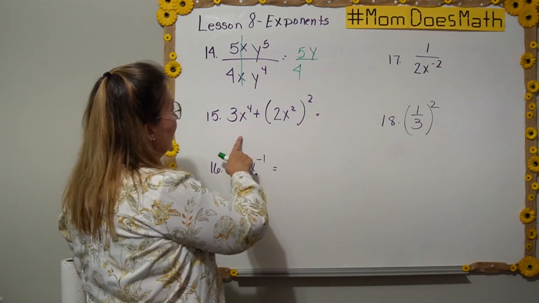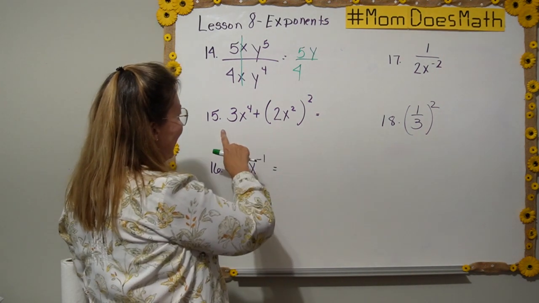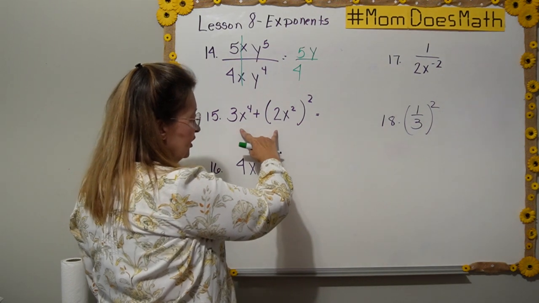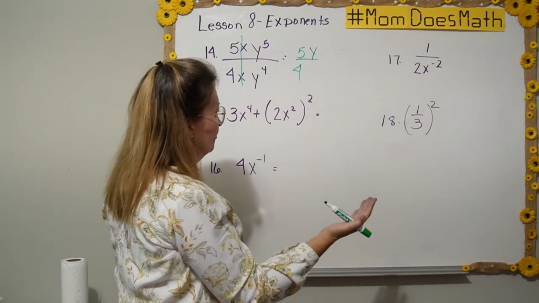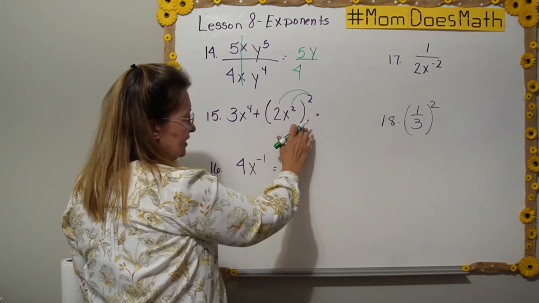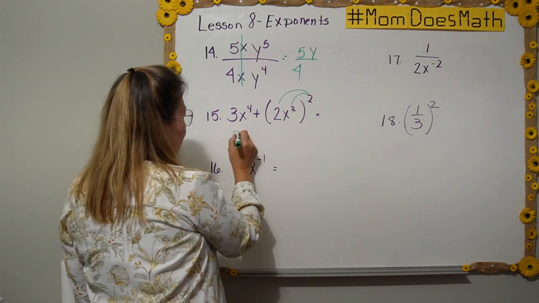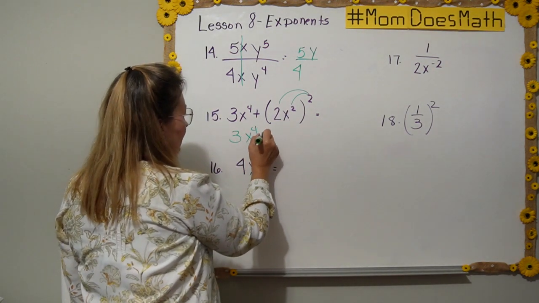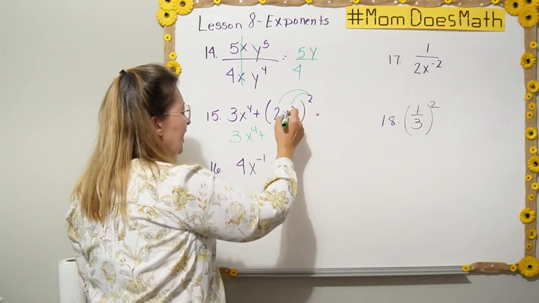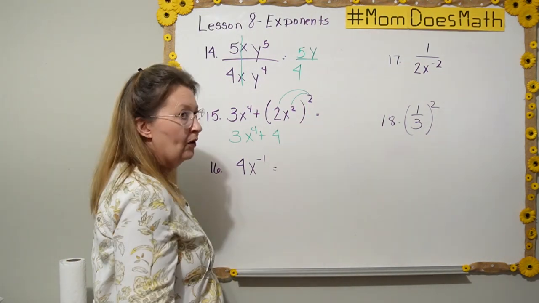Okay? Now for number 15, these are added. So before I can combine with addition, you have to take care of exponents or multiplication. So what I'm going to do is distribute this into the parentheses. Now 3x to the 4th is not going to change right now. 2 to the 2nd power is 4.